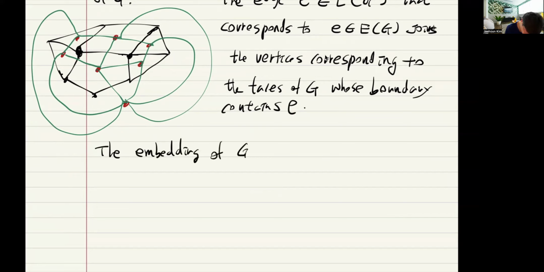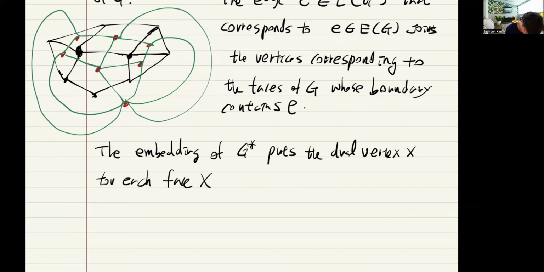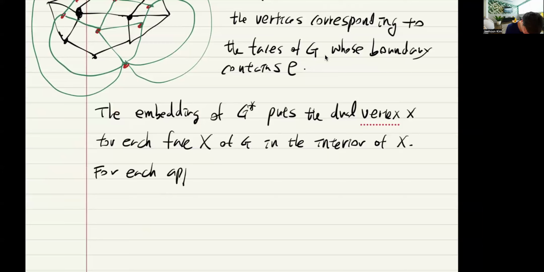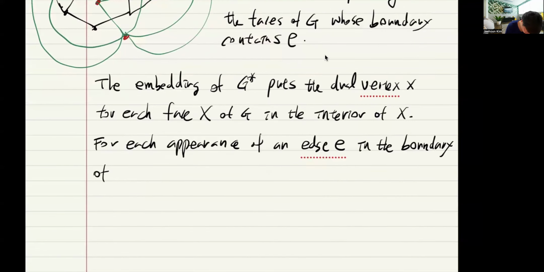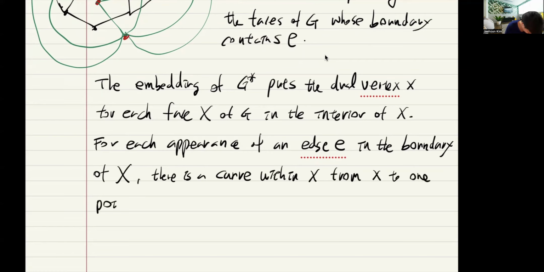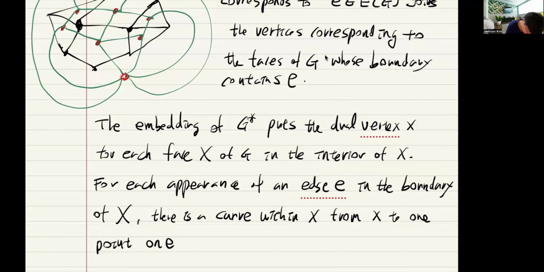The embedding of G star puts the dual vertex X of its face F of G in the interior of X. And for each appearance of an edge E in the boundary of this face X, there is a curve within X from X to one point on E. So from here you draw this to one point.